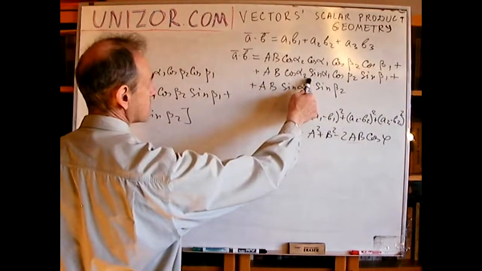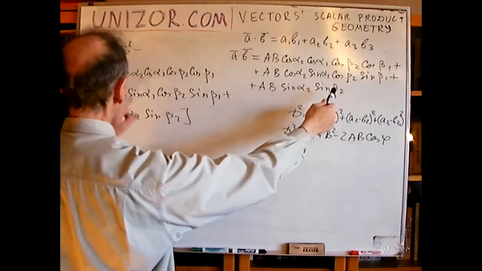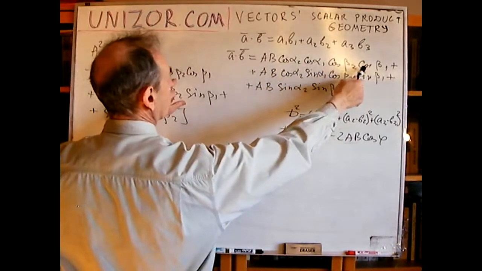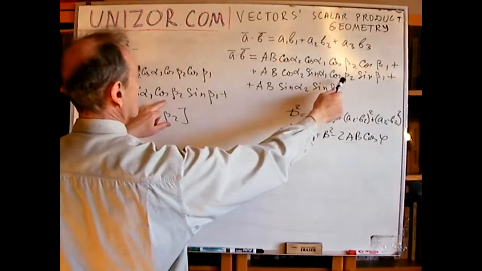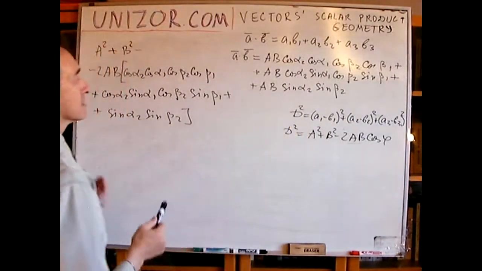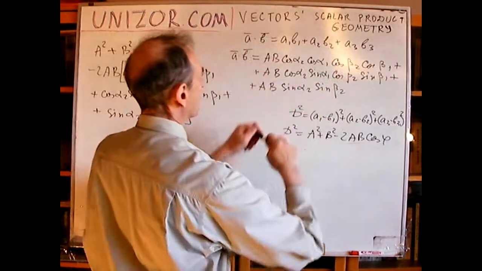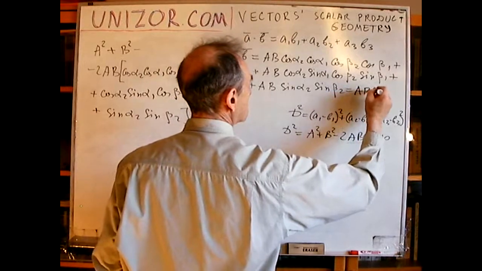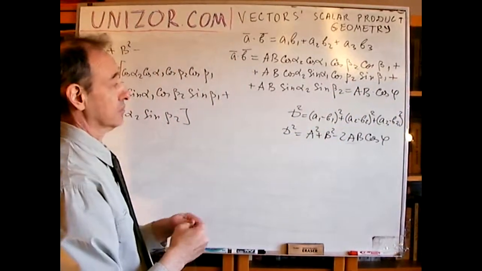And look at this, it's exactly the same expression. Factor out AB, you will have exactly the same thing. Cosine alpha 2, cosine alpha 1, cosine beta 2, and cosine beta 1. Here cosine sine, and sine sine. So it's exactly the same thing. So this expression can be replaced here as AB times cosine phi. And that's the end of it, basically.